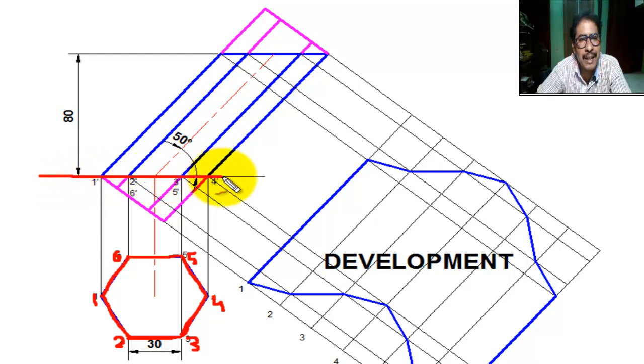This is X, this is Y. The side of the hexagon is 30 mm.